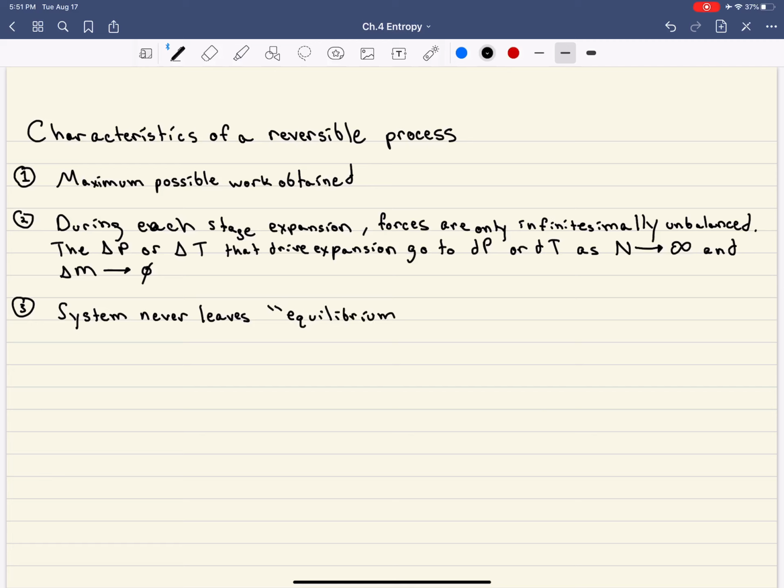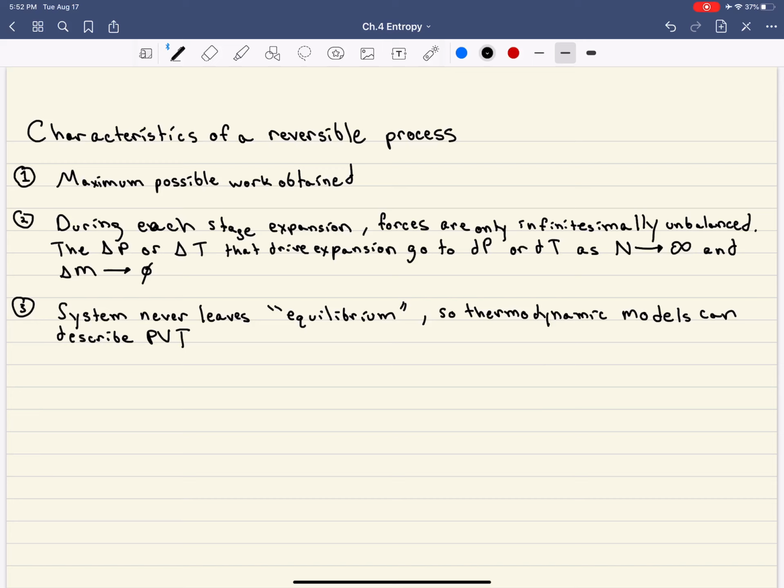Okay? And so because the system never leaves equilibrium, that allows us to use our thermodynamic models to describe different properties, such as pressure, volume, or temperature. So thermodynamic models can describe PVT. Okay?